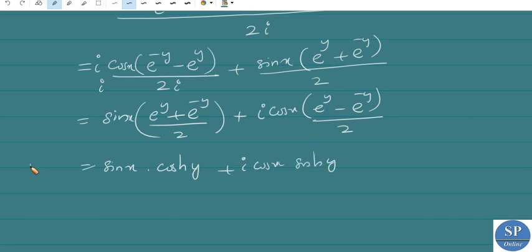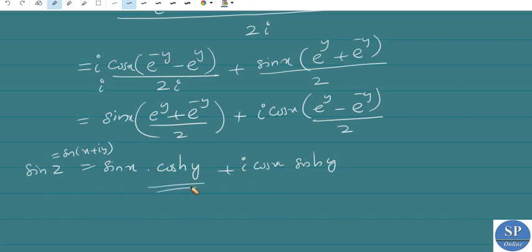So this is actually sin z, where sin z is sin(x + iy), which equals sin x · cosh y + i · cos x · sinh y.